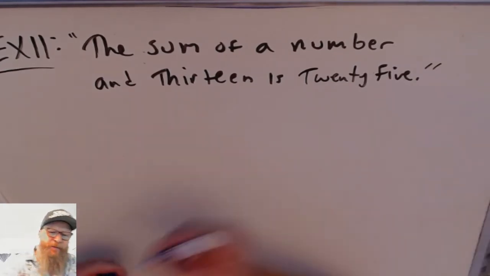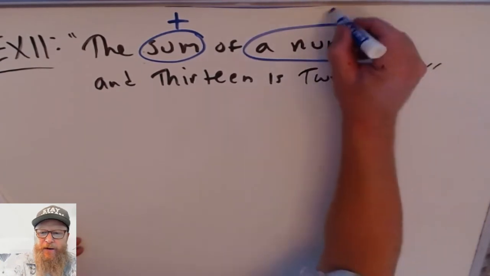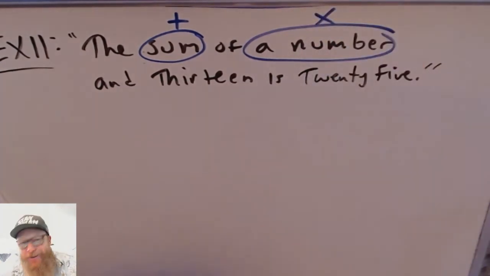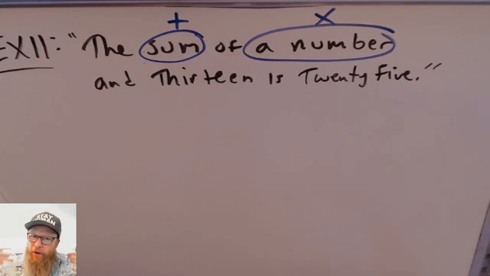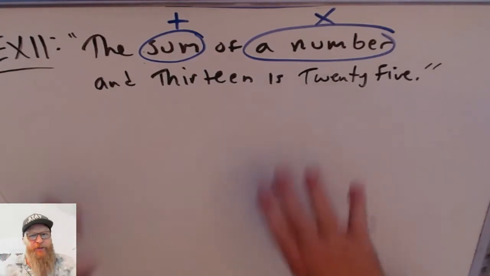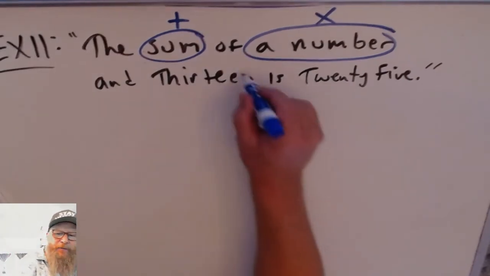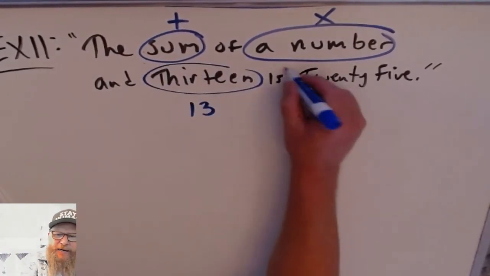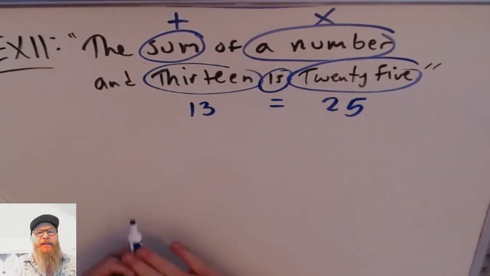So again, sum means addition. A number, we might as well just use x. You can use other letters when you're doing this on your own. My homework is programmed to only, at least for these problems, only accept x. Okay. All right. The sum of a number and 13 is 25. I like to sort of dial it in that way.